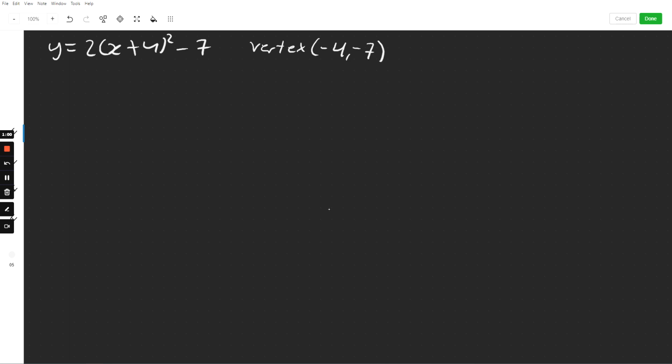So when we graph this, we have the vertex at -4, -7, so around here. And this is opening up because the a value is positive.